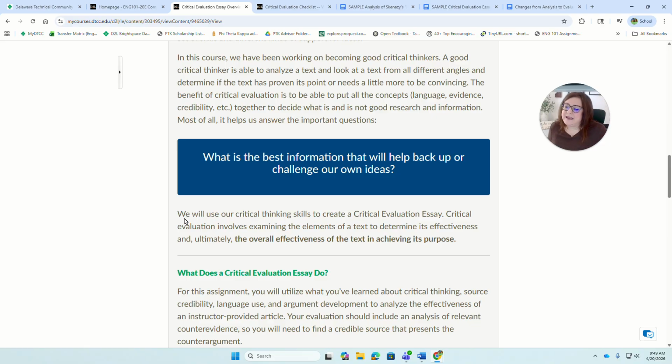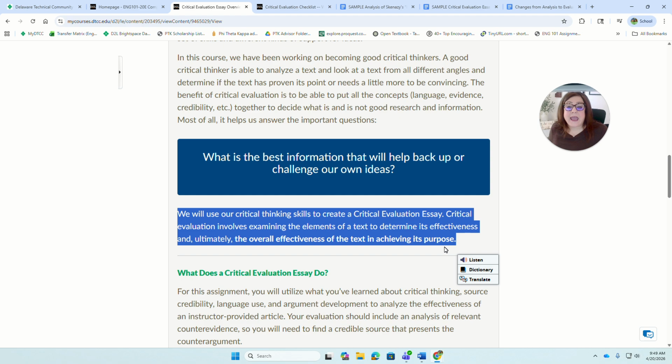So what that means is we are looking at every single paragraph and deciding, did he do a good job with this? Did it actually help to convince us of his argument? Or actually, did it take away from his argument? And we call that stating whether or not it made the claim weaker, meaning I didn't believe it as much because of this, or stronger, which means I did believe it because of this.